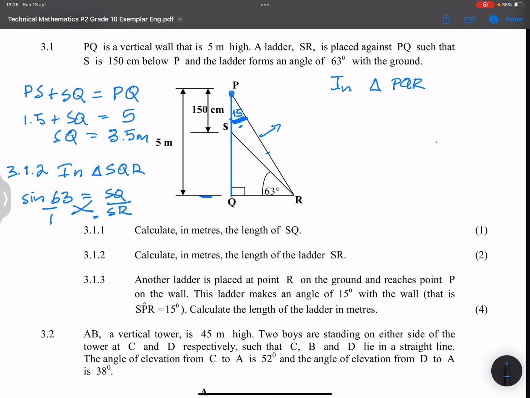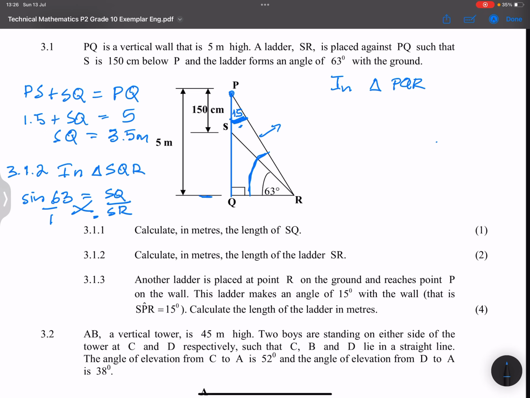Alternatively, what you could have done is find the size of this angle here, which would have been 90 minus 15, that would be 75, right? So in this case, that would have been 75.